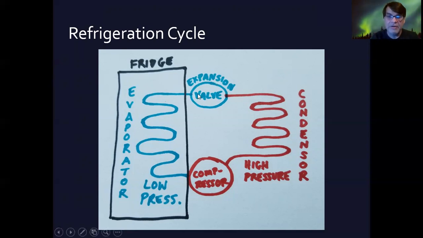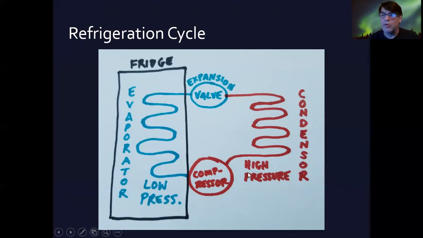And so we have a lower temperature coming into the fridge. So the condenser that makes it high pressure on the outside is the hot part. And the evaporator, when it's expanded at a lower temperature and a lower pressure, that's the evaporator. Okay, so that's kind of the refrigeration cycle, how it works.